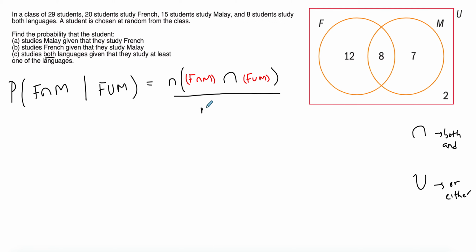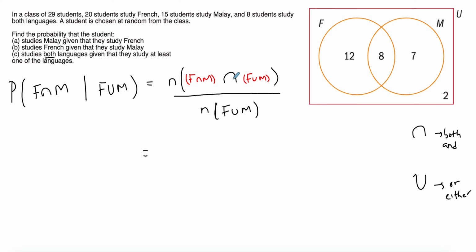So we're looking at a couple of areas to highlight, and then divided by whatever is in the next line. If you're unsure about how to highlight areas in Venn diagrams, I would recommend watching a video on that. I'm going to assume you have watched it, so I'm going to quickly do this.